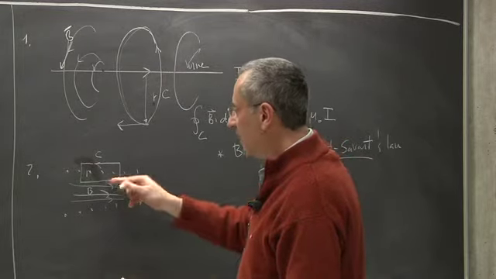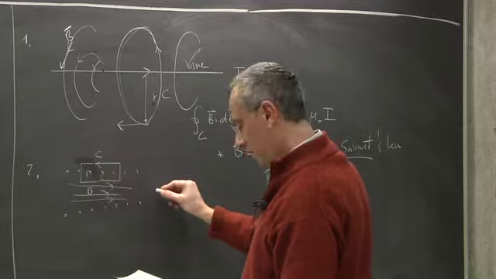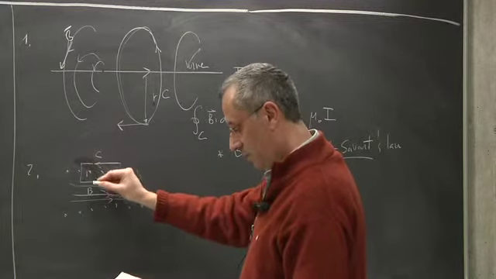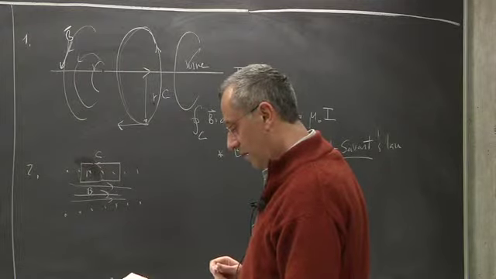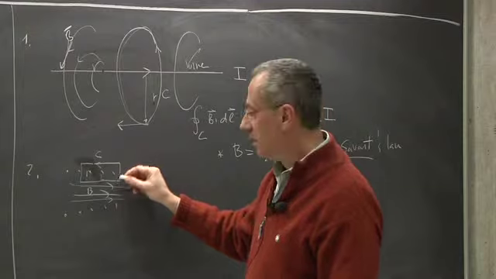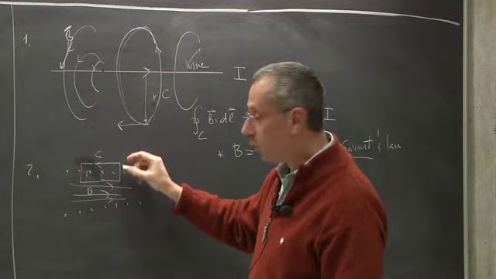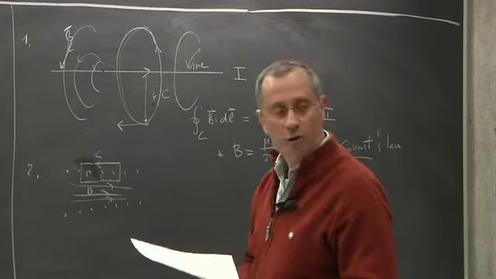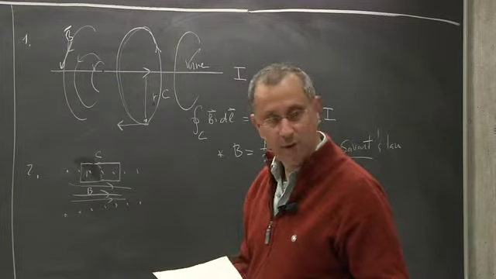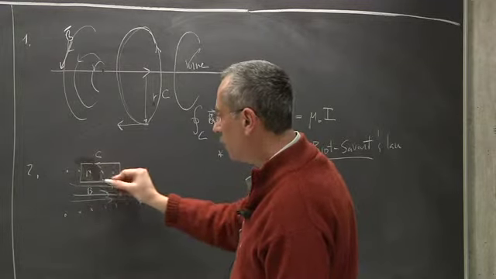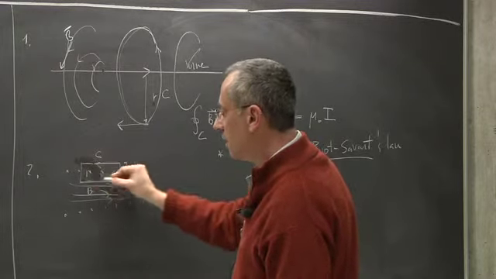Let's say this is a length L. Here you have the magnetic field. Now take this very small, and outside of an infinitely long solenoid, you have 0 magnetic field. So this path has a non-vanishing contribution only from here.